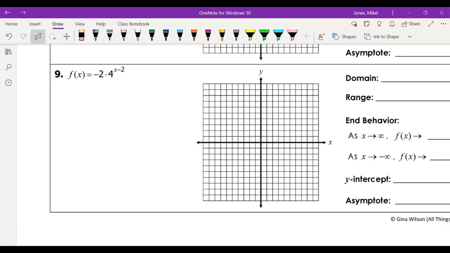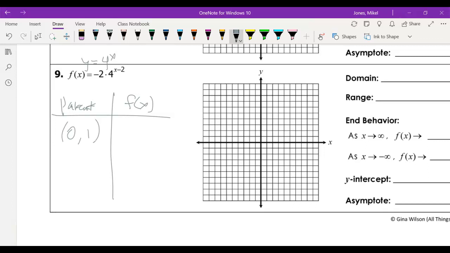Okay, so the parent function for this graph is going to be y equals 4 to the x. Okay, so that would contain the points 0, 1, 1, 4, and the asymptote y equals 0.